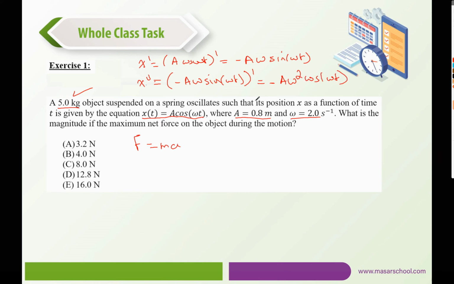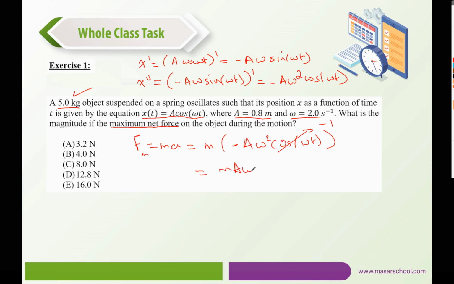So the force is m times the acceleration, minus a omega square cosine omega t. Now this is a variable, it's not constant, but since we're talking about the maximum net force, we can choose cosine omega t to be either 1 or minus 1. Let me choose it to be minus 1 to cancel with this sign, so that would be the max.